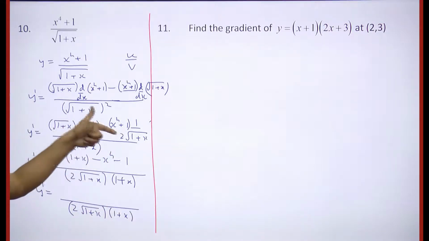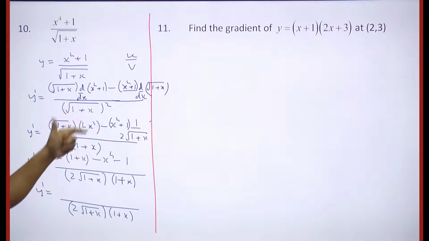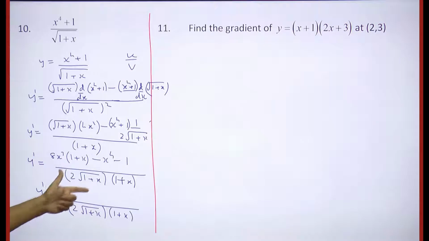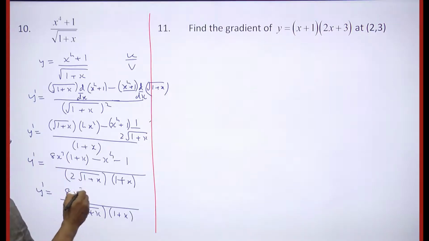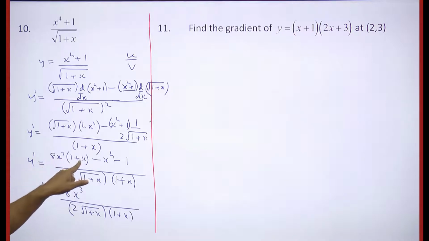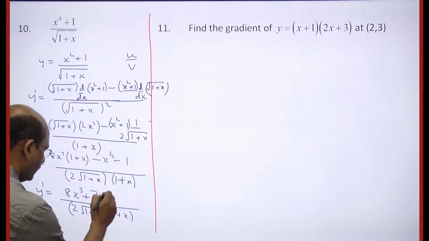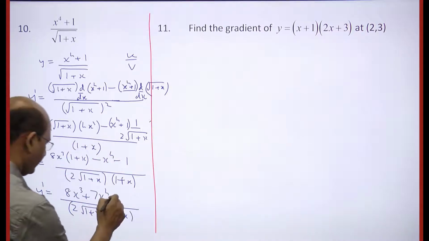remember here when I took the LCM, that LCM came to the denominator, because the denominator of the numerator will come and join the denominator, that is why I took it directly here. So, now hold on, 8x cube, now this is plus 8x4 minus x4 and minus 1.